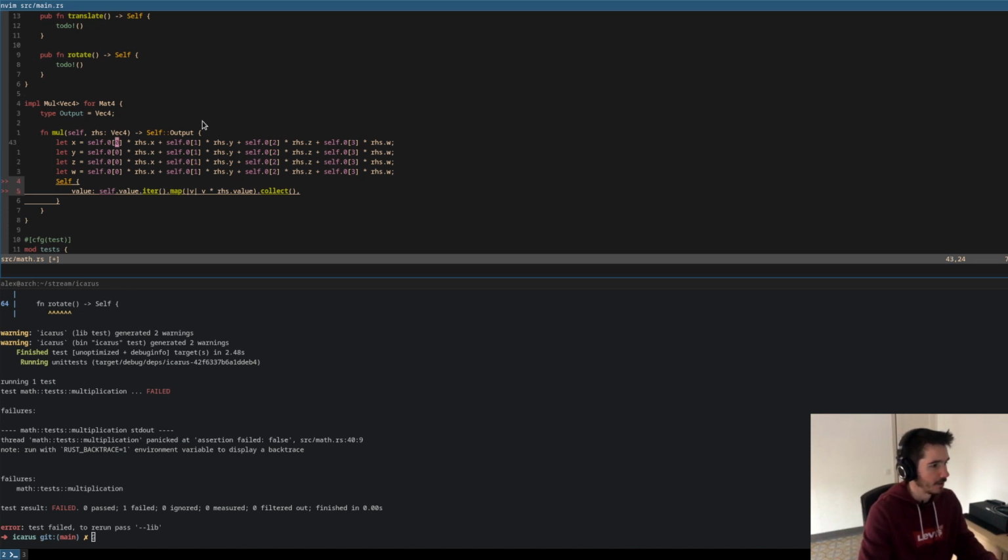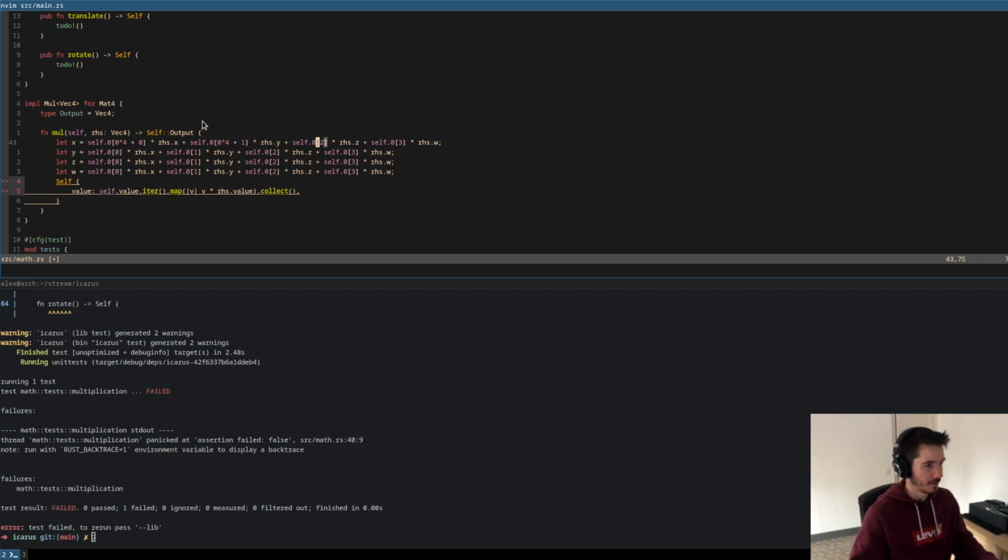So the actual formula is going to be the row times the amount of rows plus 0, right? This is going to be 0 times 4 plus 1.